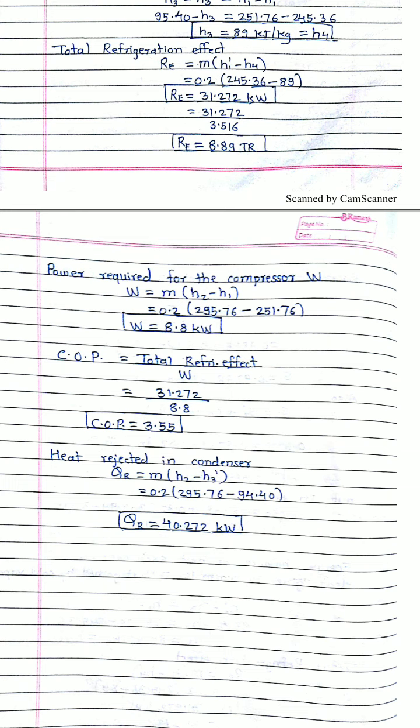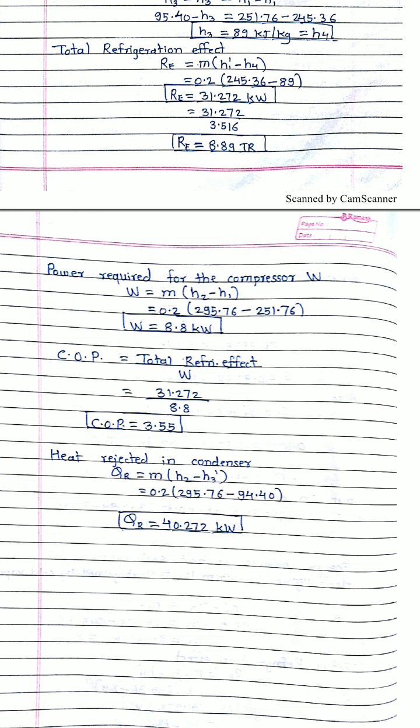And the last term is the heat rejected in the condenser, calculated as QR. QR is equal to the mass flow rate of refrigerant into the heat rejected from point number 2 to point number 3 dash, so H2 minus H3 dash.